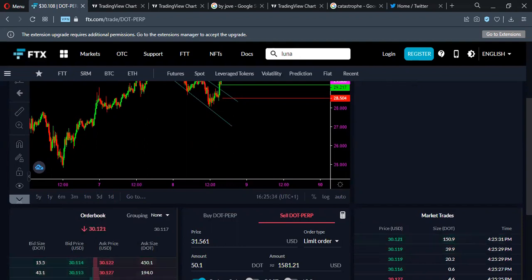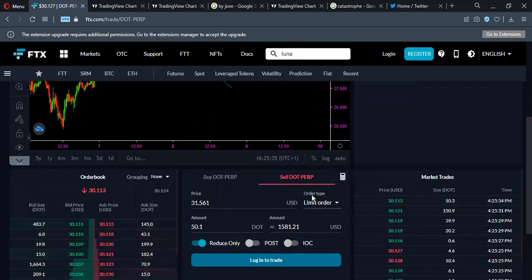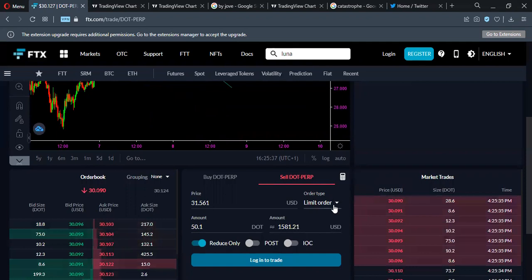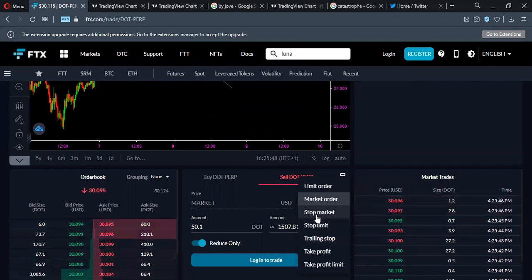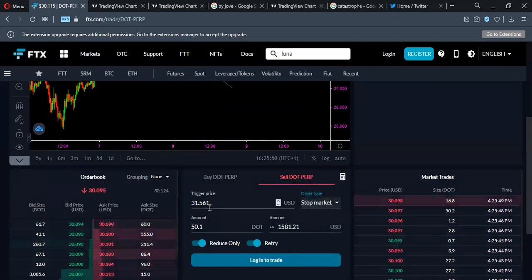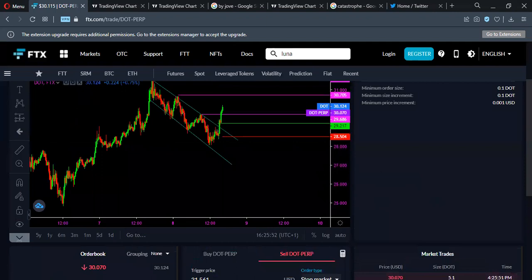For you to set your stop loss, click on these other types, click on the drop down, and select your stop market. Then go right ahead and put what you want as your stop loss.